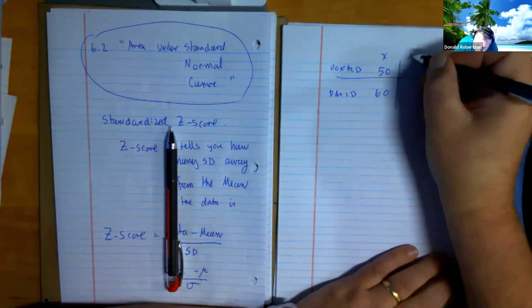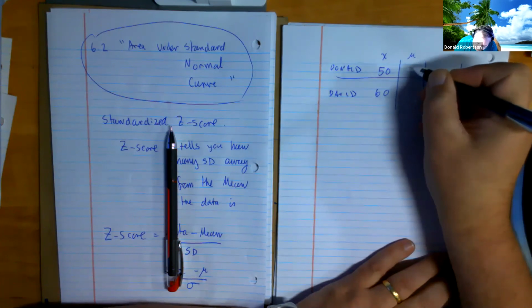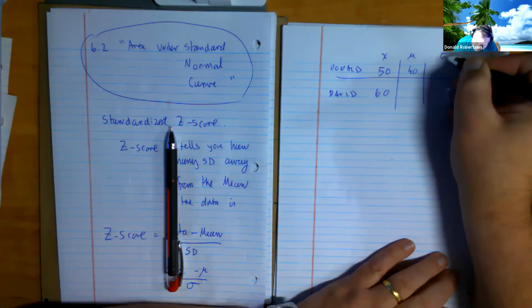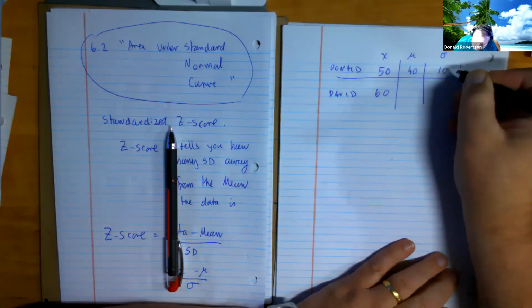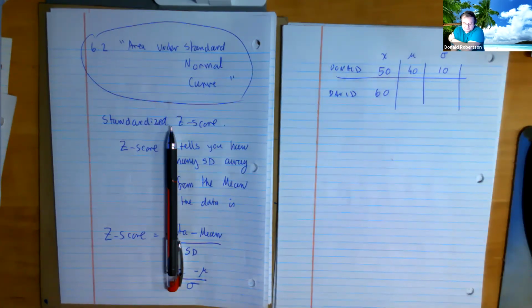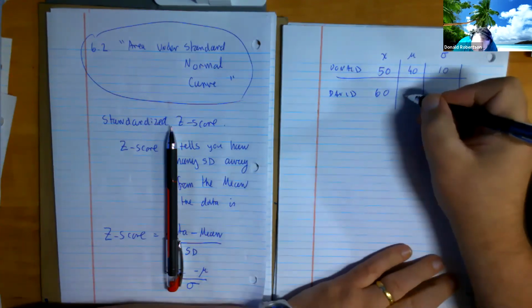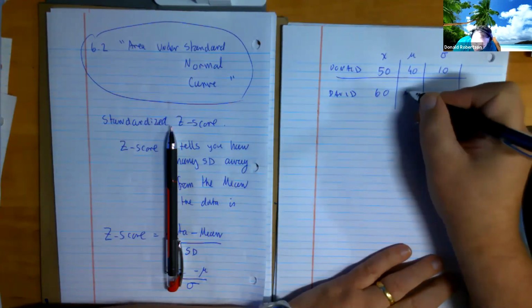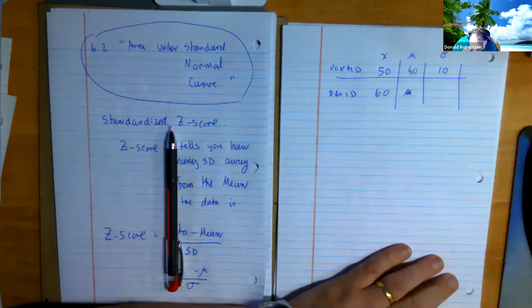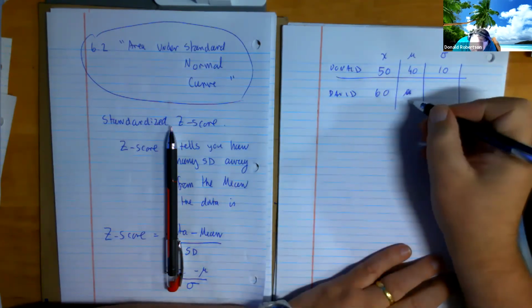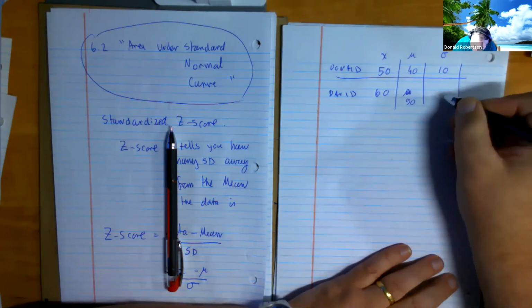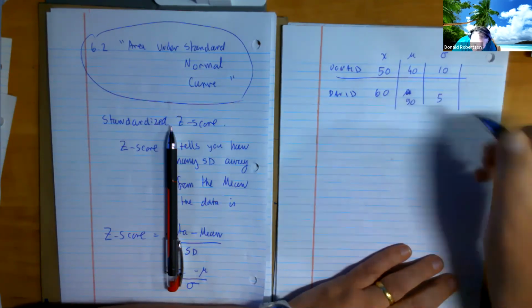And in my professor's class, the mean was 40 and the standard deviation was 10. And in David's class, the mean was 50, and the standard deviation was 5.